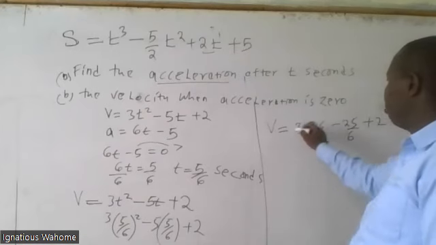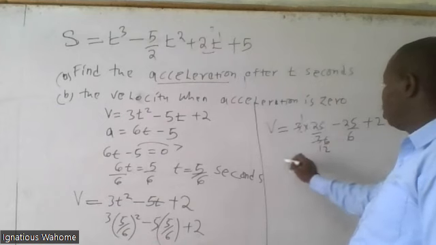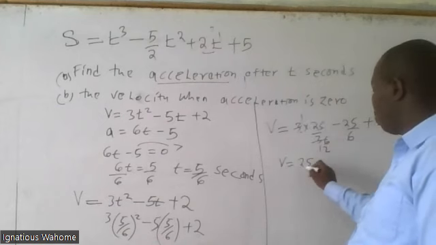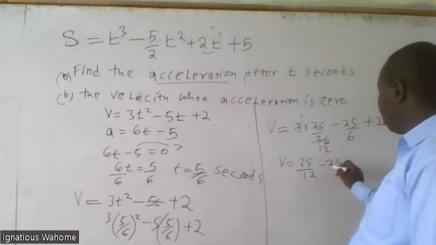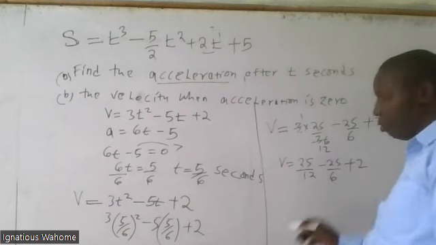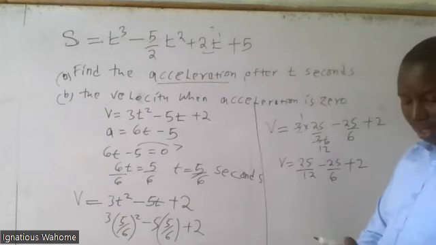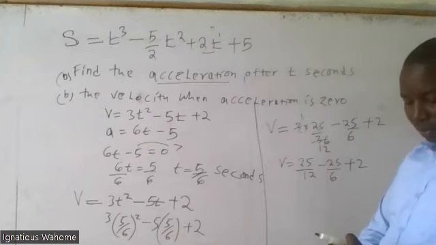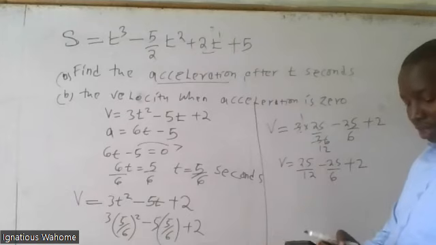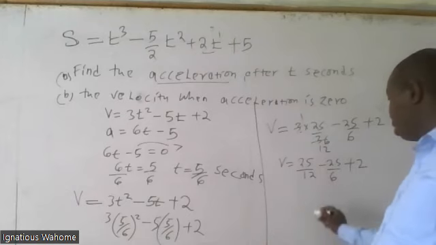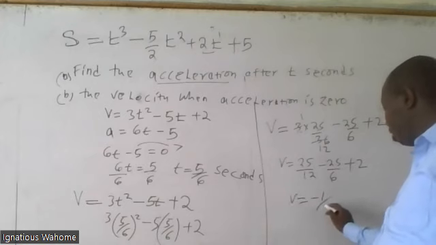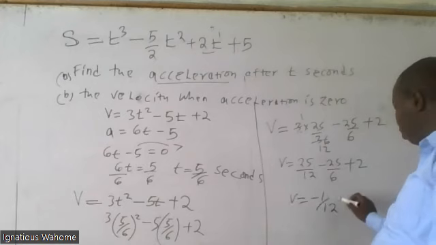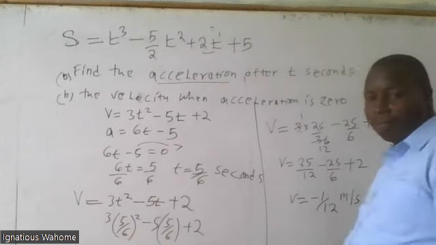So velocity will be 25 over 12 minus 25 over 6 plus 2. In this case, you get velocity as minus 1 over 12 meters per second.